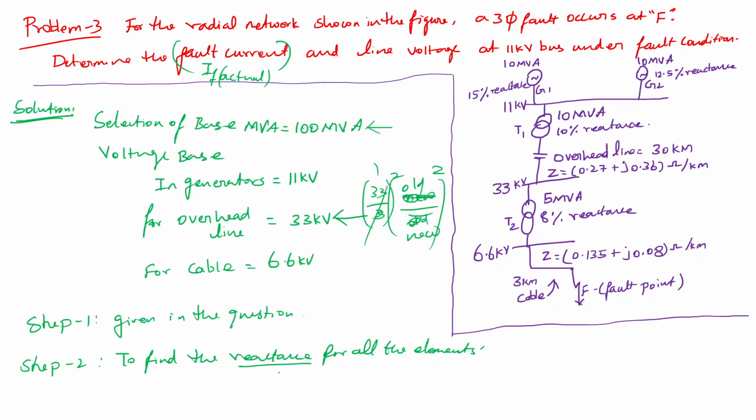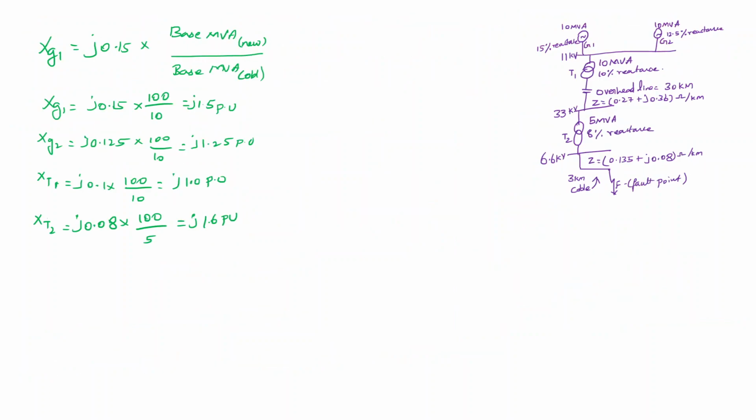For example, if the impedance is given for the transmission line, we can still find the impedance in step two. So how do we find the impedance for the transmission line? That is the overhead line for 30 kilometers.